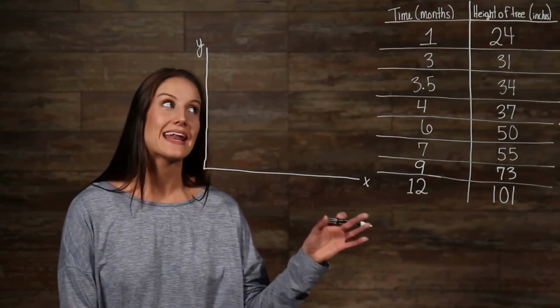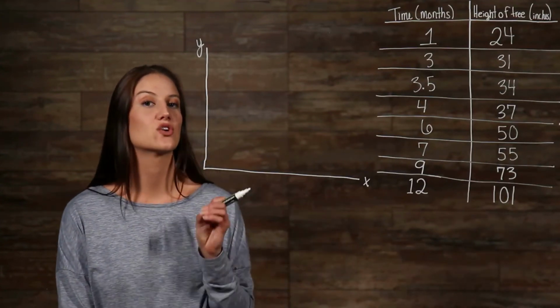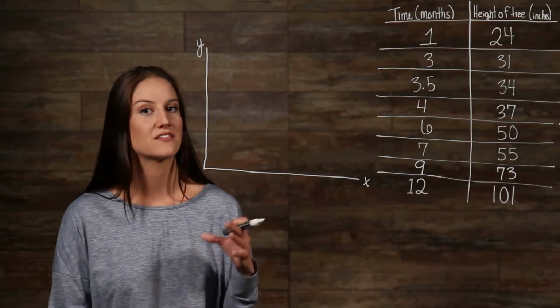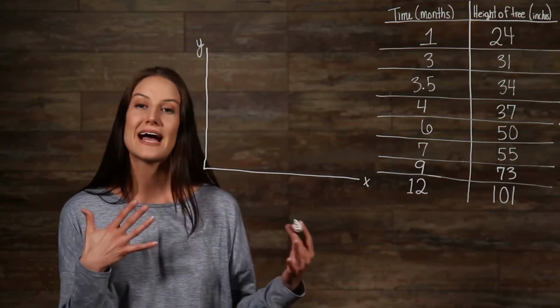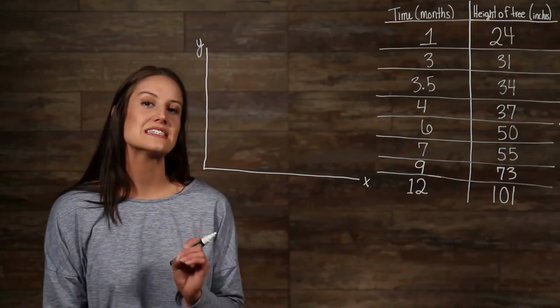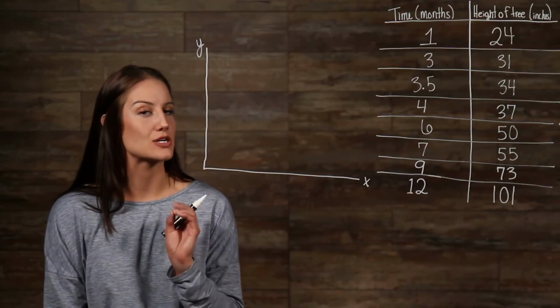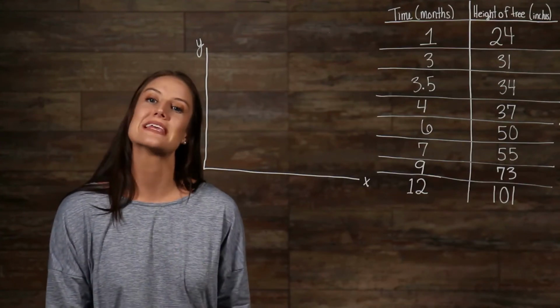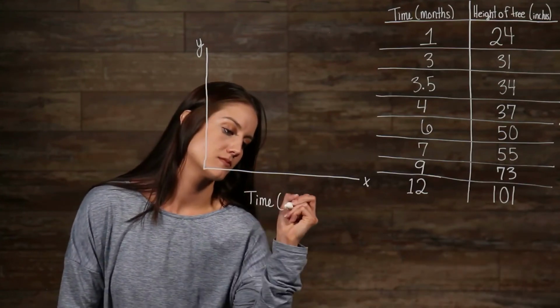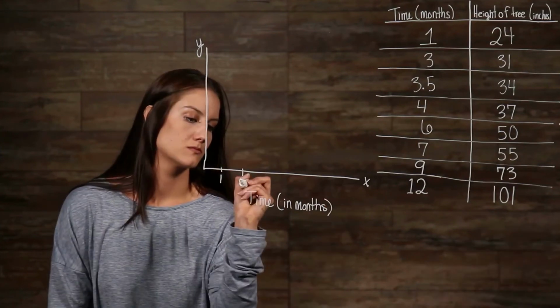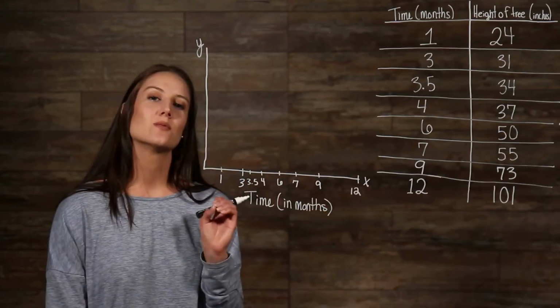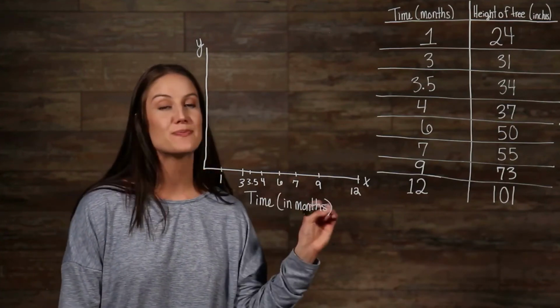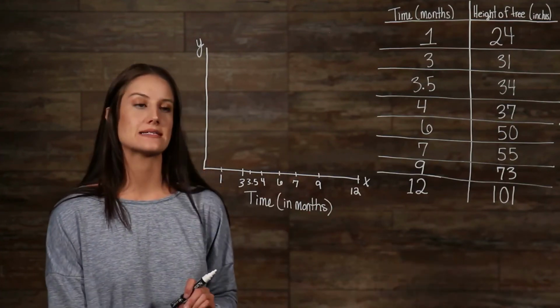However, like with our data in this case, we can affect the growth of a tree within a given amount of time by manipulating certain variables like soil, fertilizers, catalysts, temperature, and so on. For this set of data, we know that time is our independent variable, so it goes on the x-axis. And we know that the height of our tree is the dependent variable, so it goes on our y-axis.